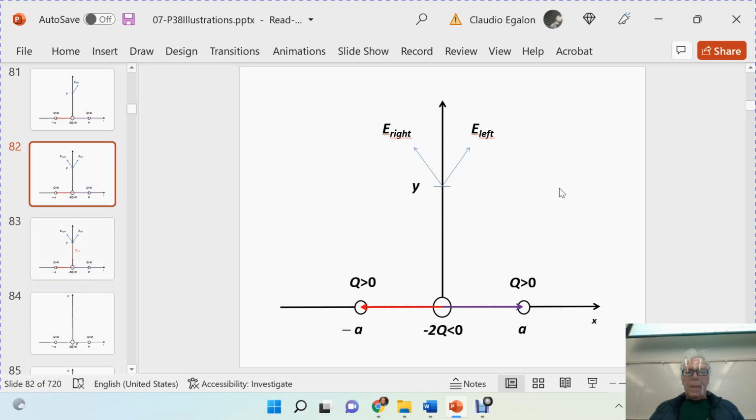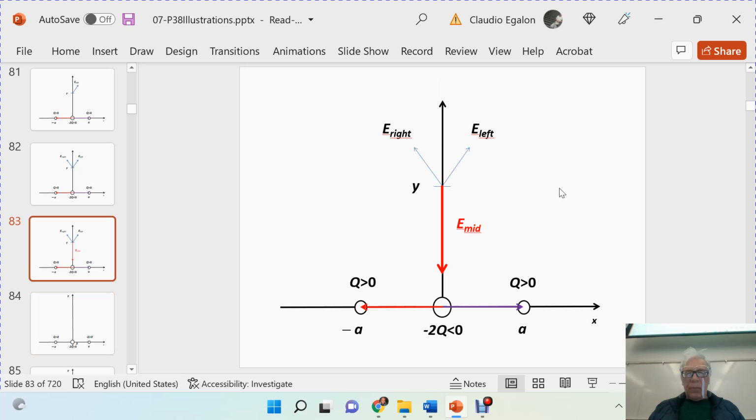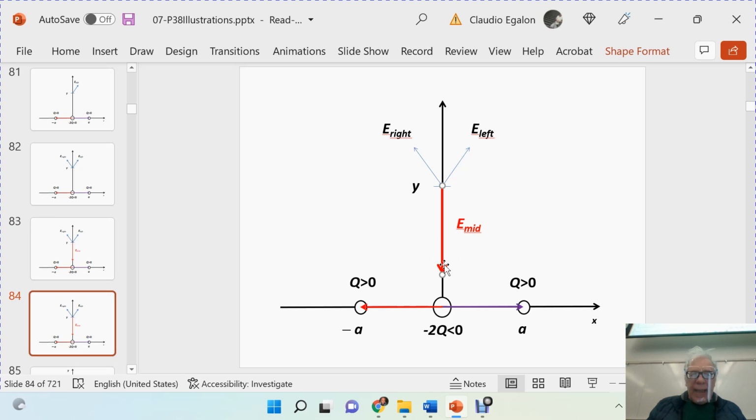Okay? Let's work out the net electric field of this charge distribution and let's see what we get. Just using this qualitative approach, you can picture that the net electric field is going to be something like that, because the left and the right electric fields have only a y component upward.